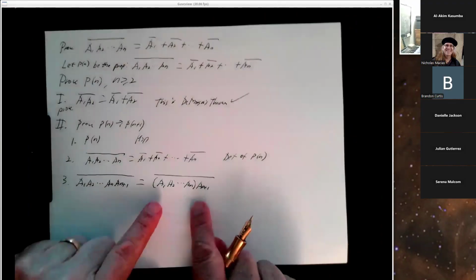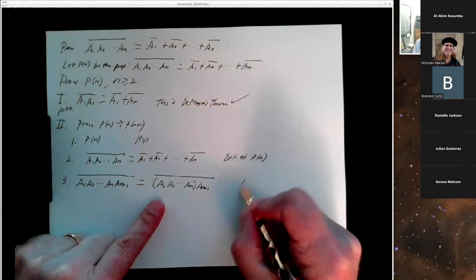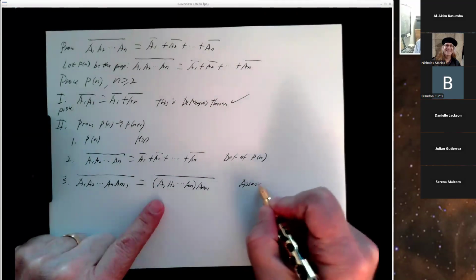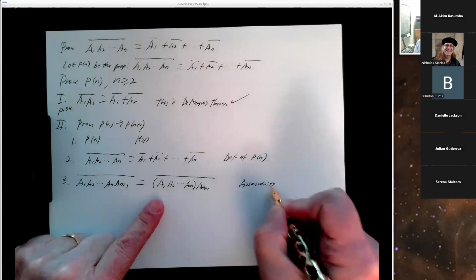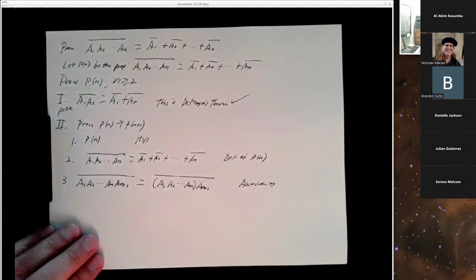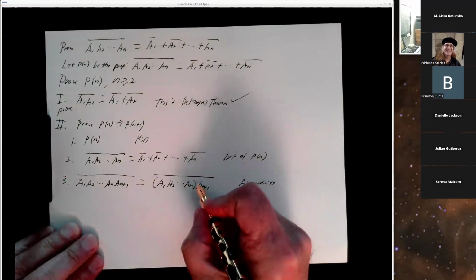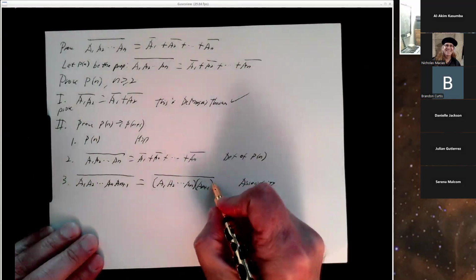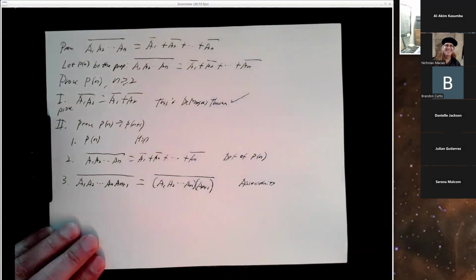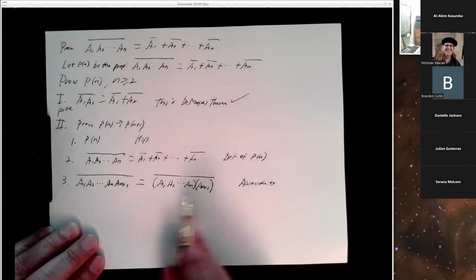Right? This is just associativity. But let me add some extra parentheses here so we can see this as two things being NANDed.